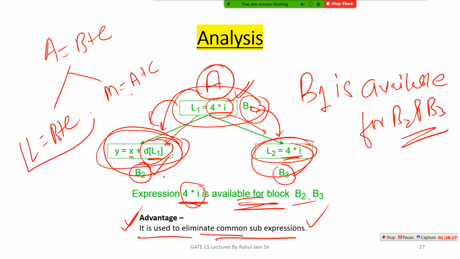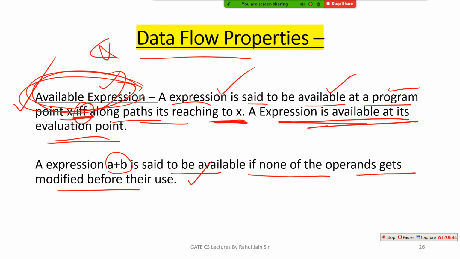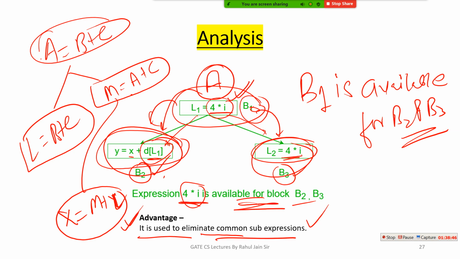And suppose in the next block I am using x equals m plus y, or suppose m plus l. Then regarding available expression, I will say that expression a is available in m, because I am directly using the value of a.